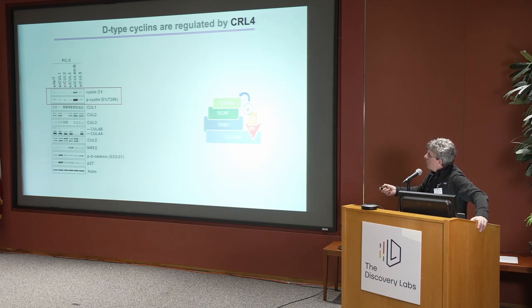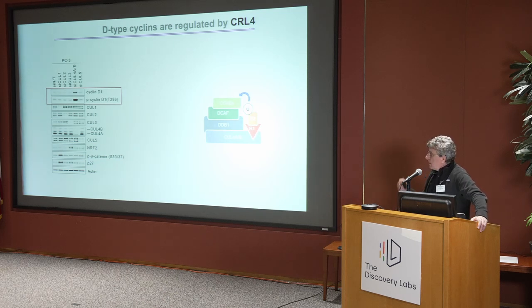Only when we downregulate CUL4 do we see accumulation of cyclin D1, as well as the phosphorylated form of cyclin D1. It is known that cyclin D1 is phosphorylated on threonine 286. When it's phosphorylated, it's unstable. This amino acid is typically mutated in cancer to stabilize cyclin D1 and have more cyclin D1 to promote cell growth.